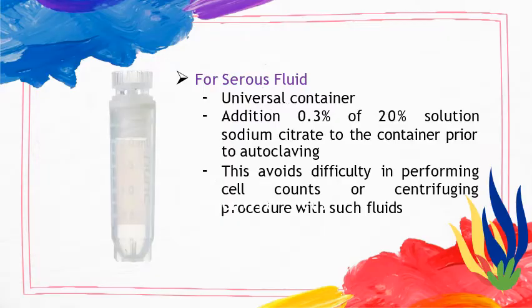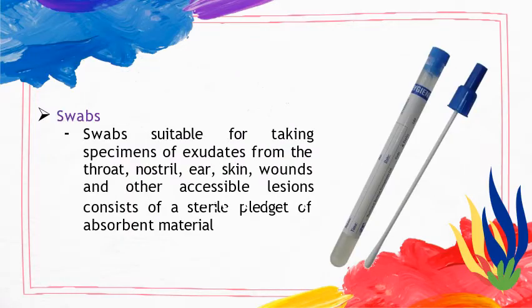Your serous fluid is a clear and watery fluid that can be found in your body cavities, like your pleural cavities in your lungs, your peritoneal cavity in your abdomen, and your pericardial cavity in your heart. So this container is used to collect these specific fluids.